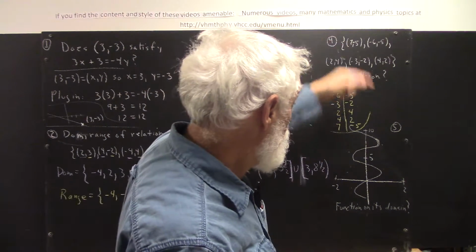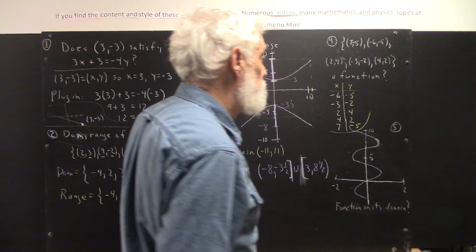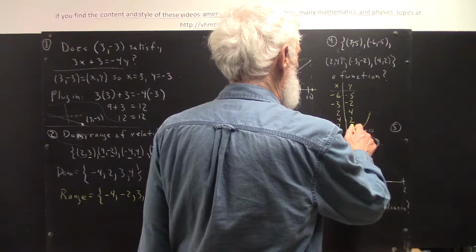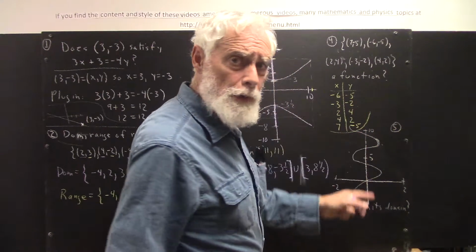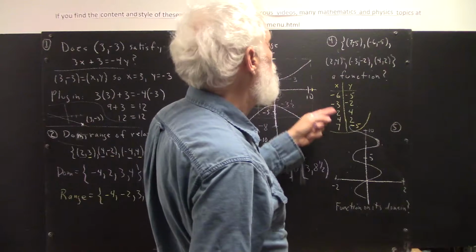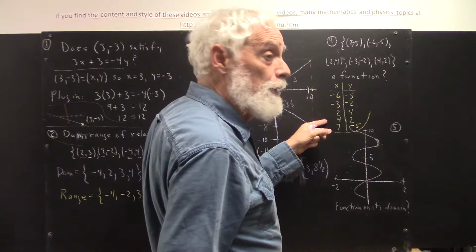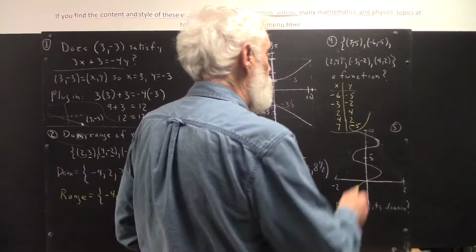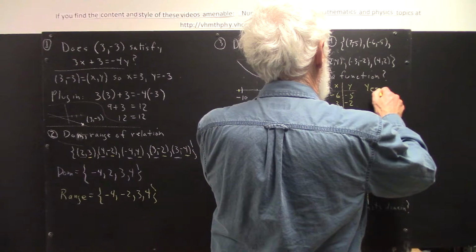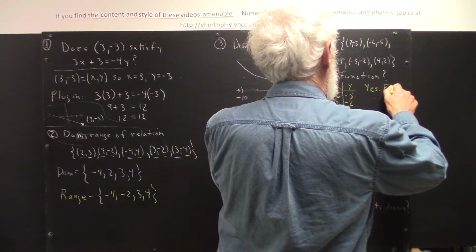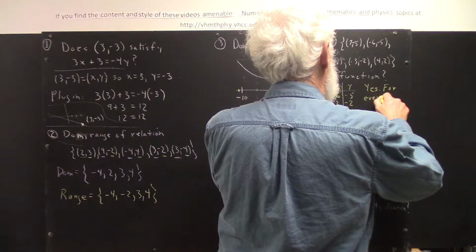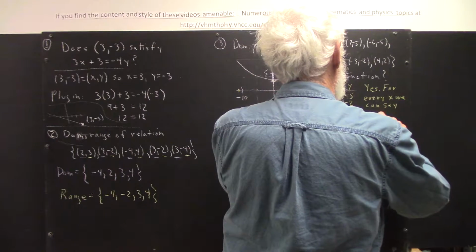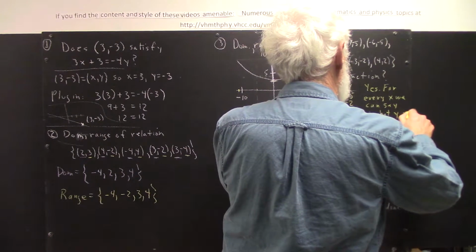And there's no other value of y. Now, you might say, well, we got negative 5 here and we've got negative 5 here. That's the same y value. Well, that's okay. As long as we can answer the question, for this x, what is y? As long as every x has just one y with it, it's a function. So, yes, for every x, we can say what y is.